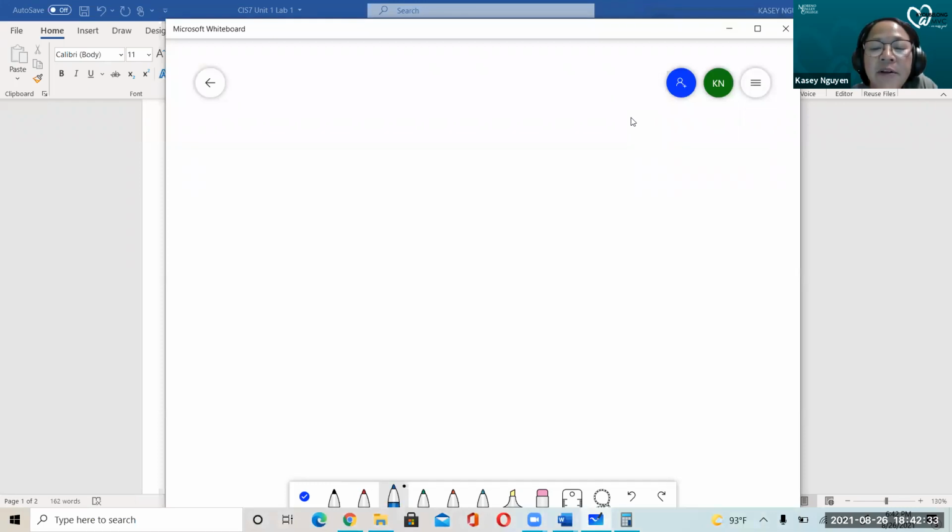So I have 801, and this is base 10. I'm going to go ahead and divide it by 16. Okay, so we would take the 80 divided by 16.